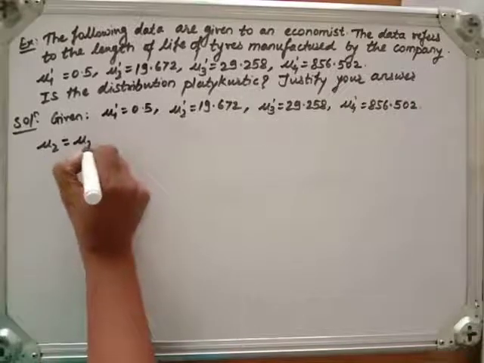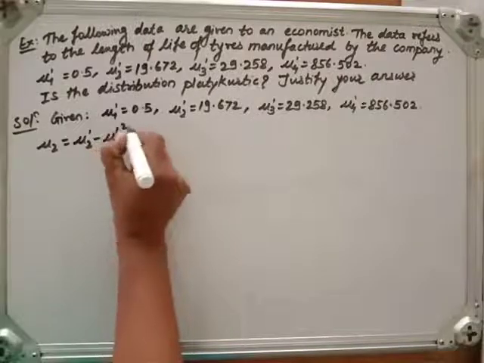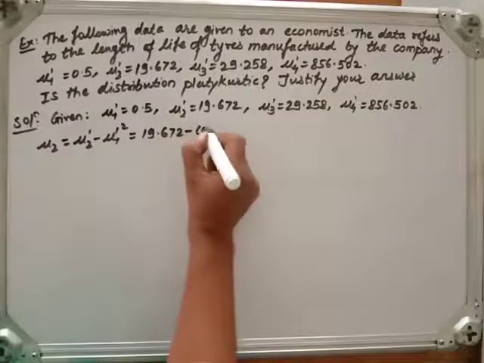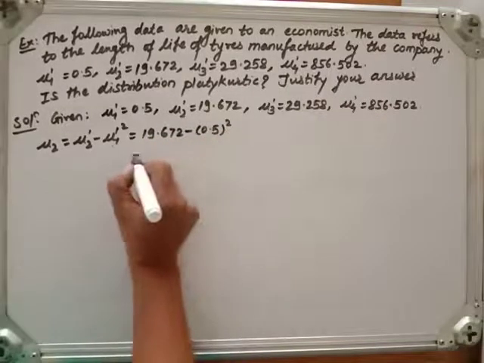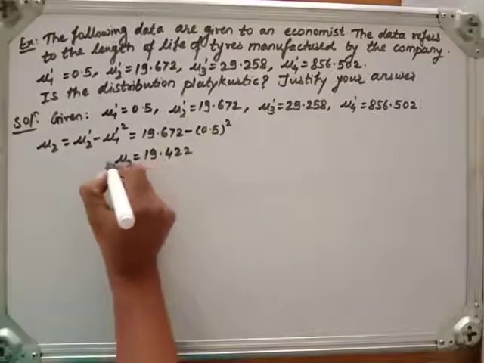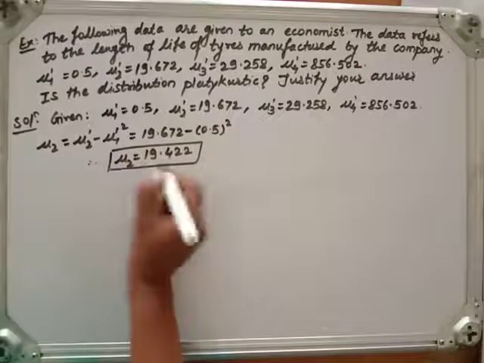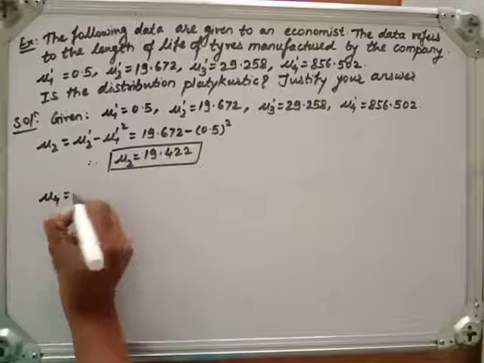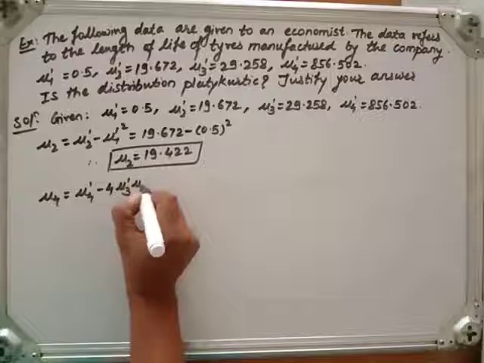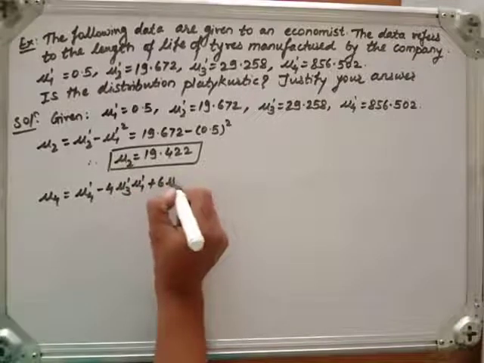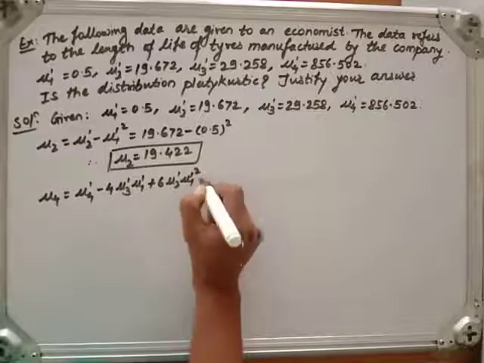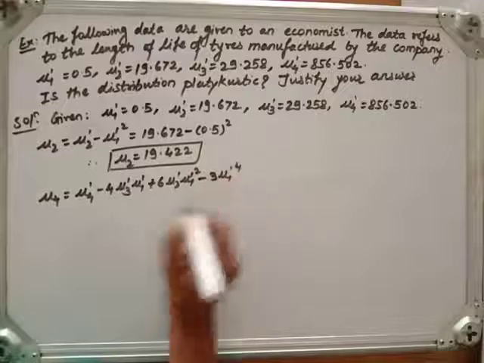So mu2 is what? mu2 dash minus mu1 dash square. So this is 19.672 minus 0.5 square, which is 19.422. This is mu2. Now mu4 is what? mu4 dash minus 4 mu3 dash mu1 dash plus 6 mu2 dash mu1 dash square minus 3 mu1 dash raised to 4.